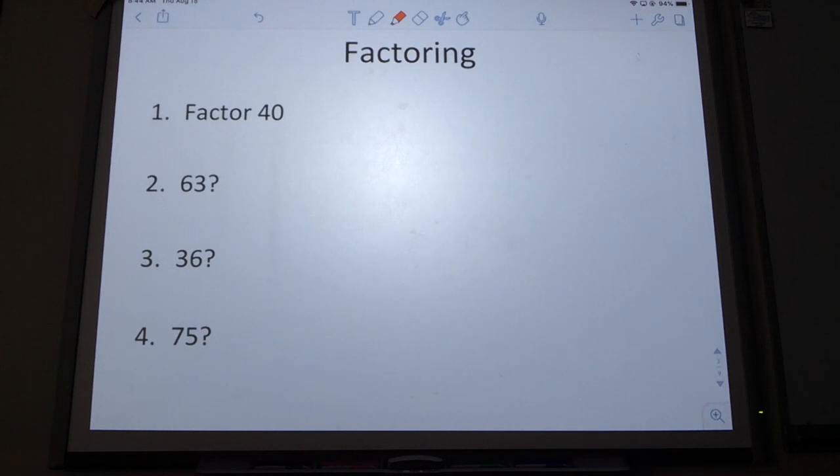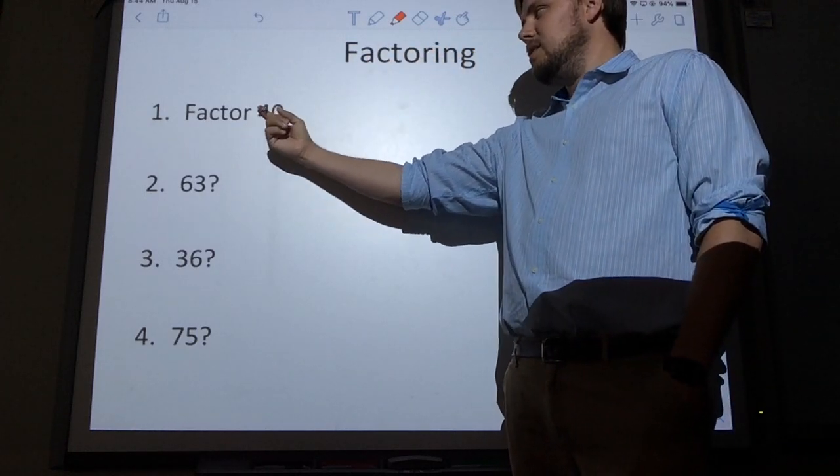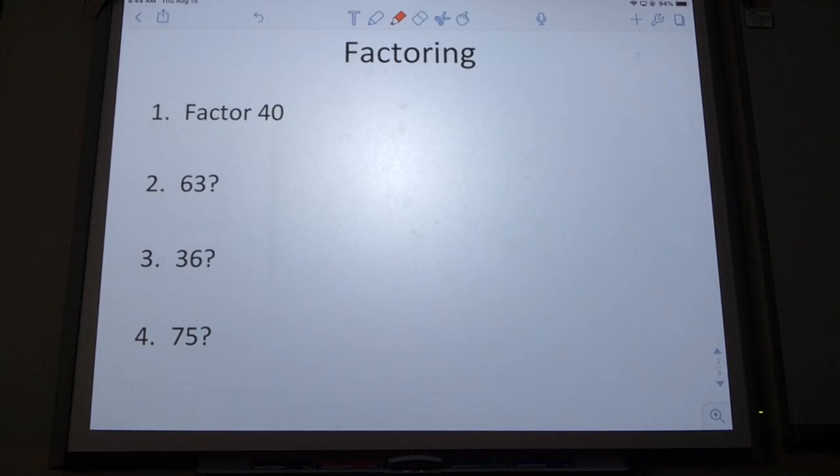I know a lot of these you can factor in your head. I'm going to use a factor tree like you have before. But when I do factor trees, I always stick with a prime number on one side and the other side I branch down. Okay, so 40, you could split it into 4 and 10 and then split up both sides.